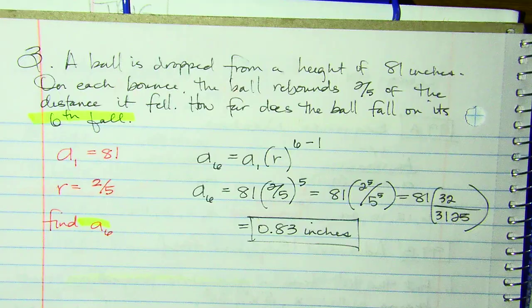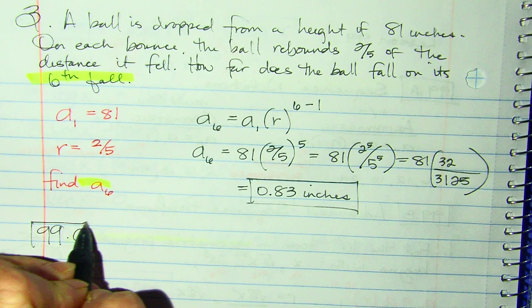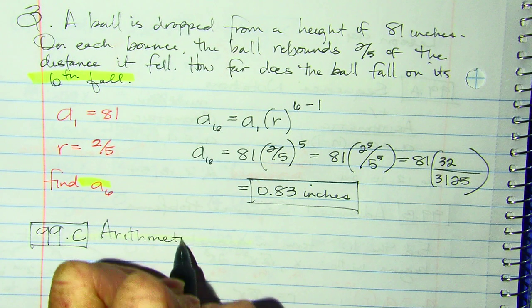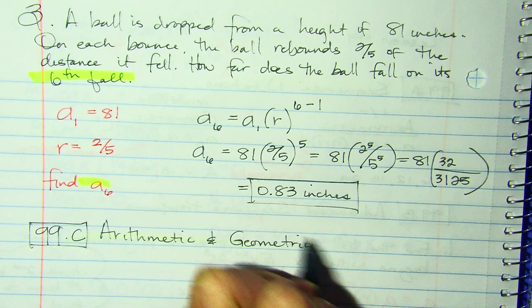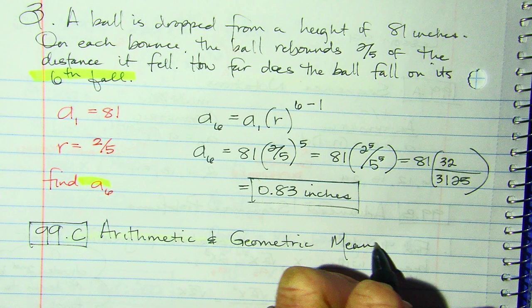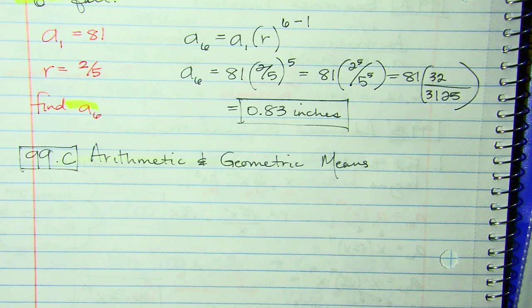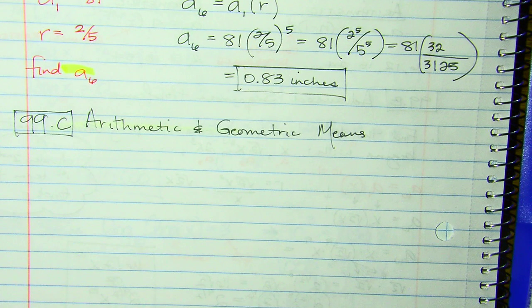Now moving on to 99.C, which is on arithmetic and geometric means. All right, so there are two means, remember means average. And so let's go over both.